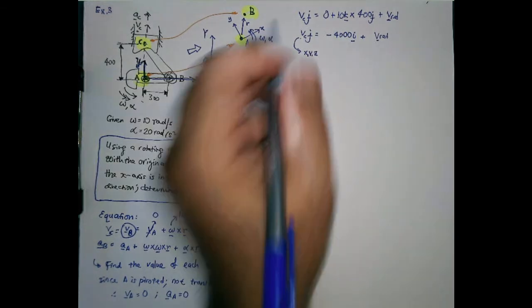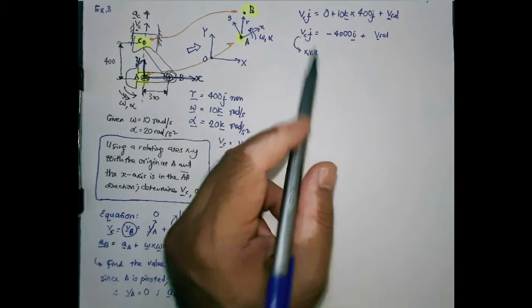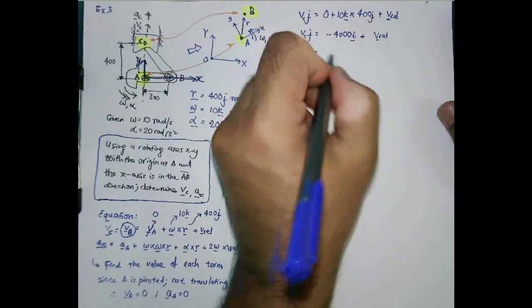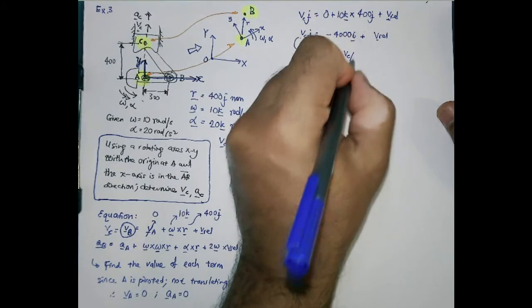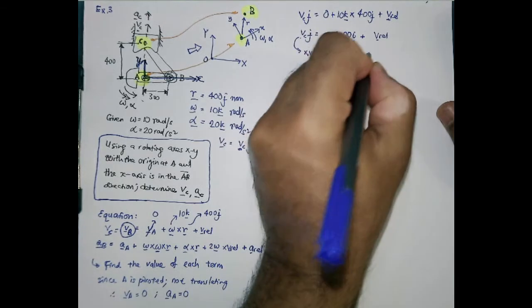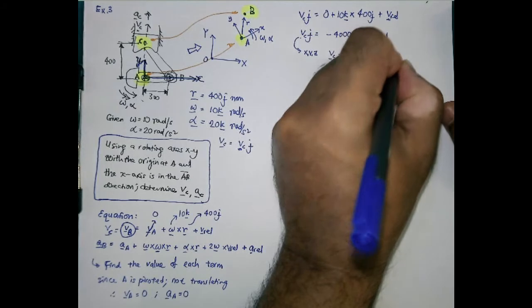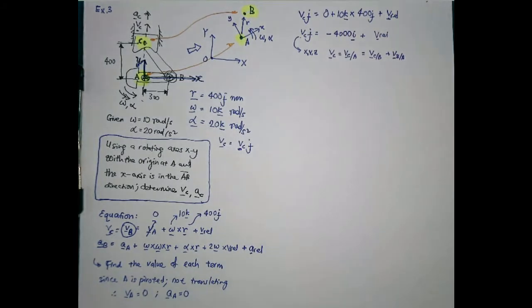Because they are coincident anyway, VC is measured from the global coordinate system. So we know that VC equals VC relative to A, and therefore this is equal to VC relative to B plus VB relative to A. These are using the XY system.